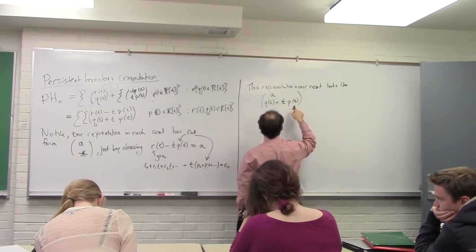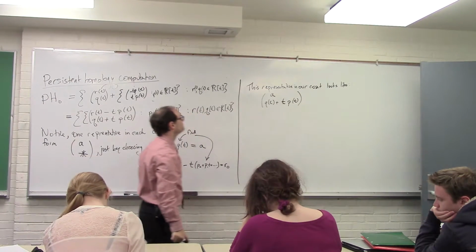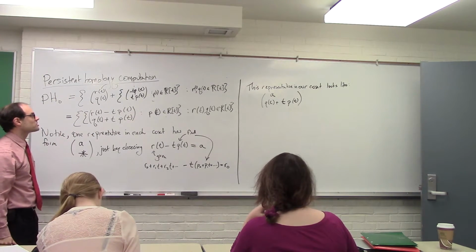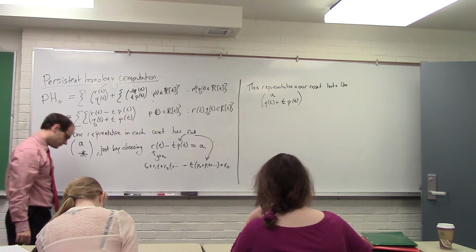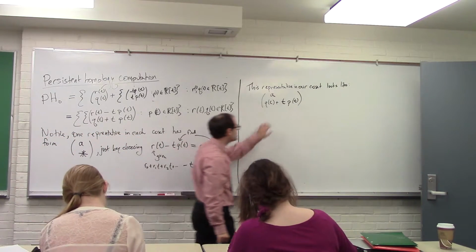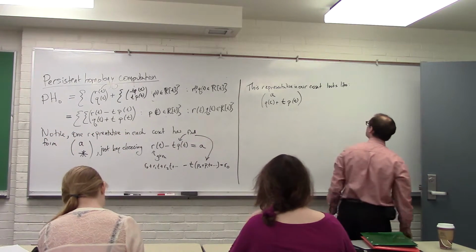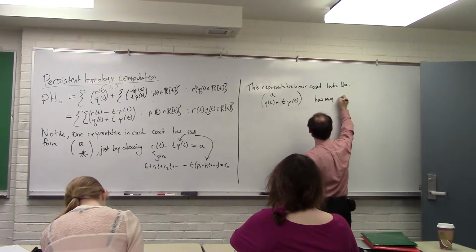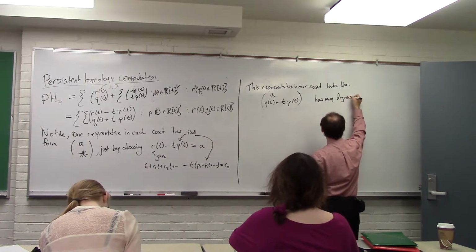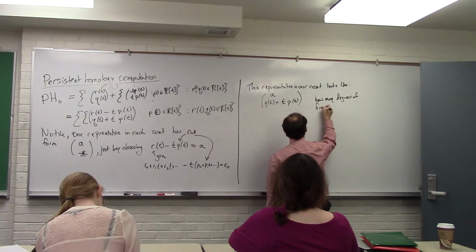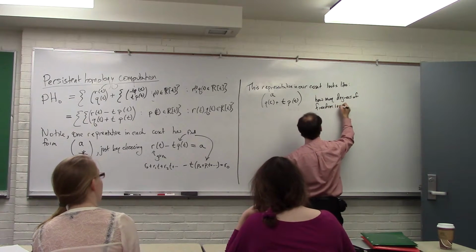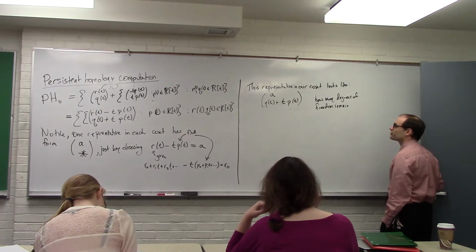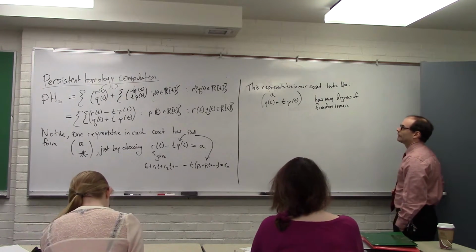Now, P of t has been nailed down for us. This is now determined by the fact that we're trying to wipe out all those coefficients in R. But how many degrees of freedom remain? If this were a vector space, how many degrees of freedom would remain?